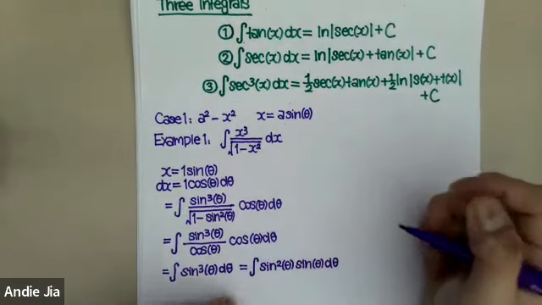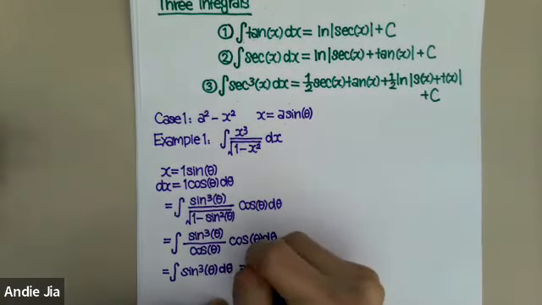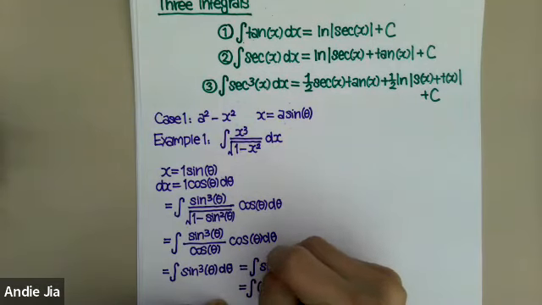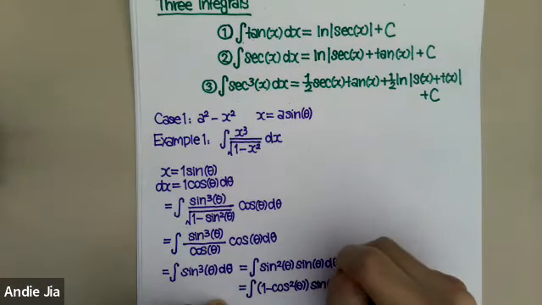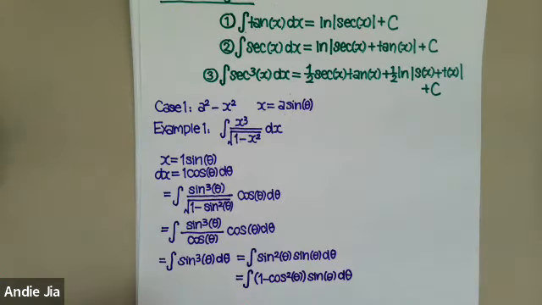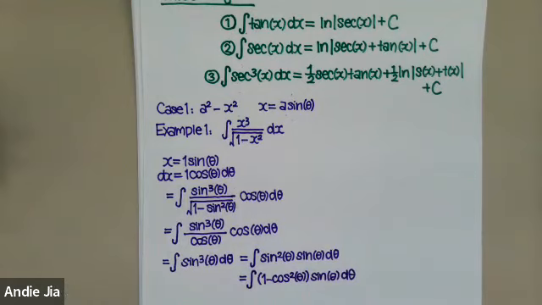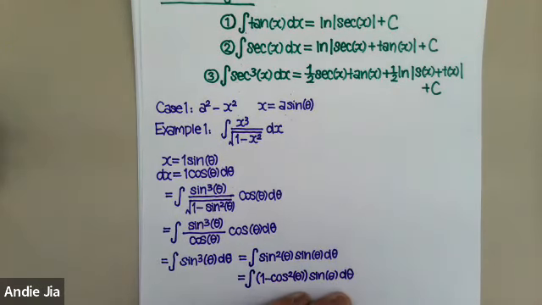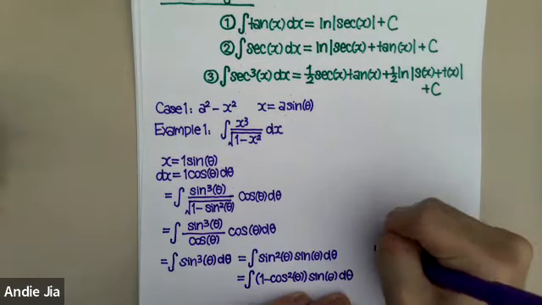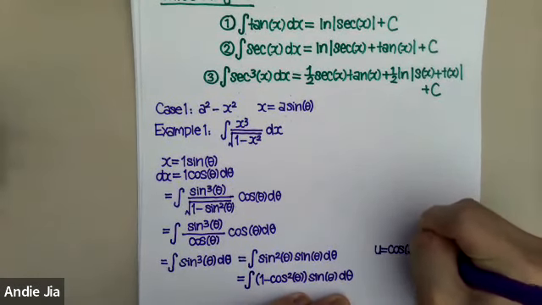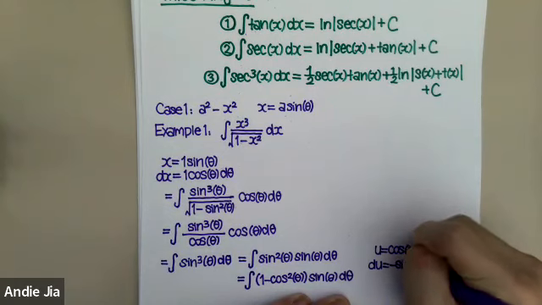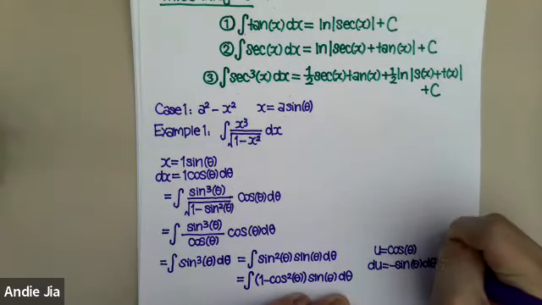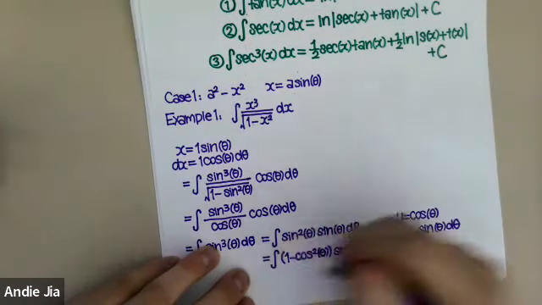And then we rewrite the trig as 1 minus cosine squared of theta, times sine of theta d theta. Let u equal cosine of theta. Then du is negative sine theta d theta. We just swap the negative sign.